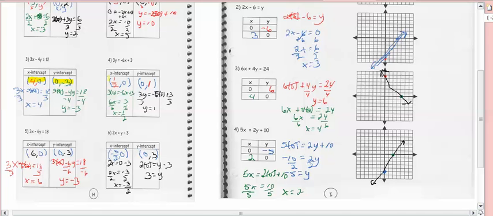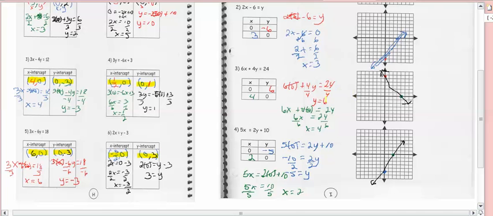Number 4, my x-intercept is 1/2, 0, and my y-intercept is 0, 1. Number 5, 6, 0 is my x-intercept, 0, negative 3 is my y. Number 6 is negative 3 over 2, 0, and 0, 3 would be my y-intercept.